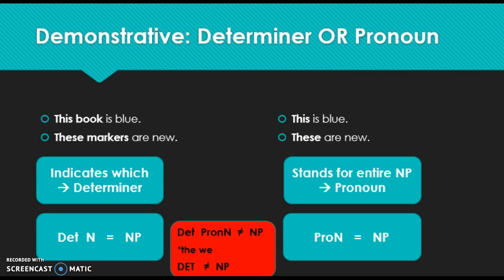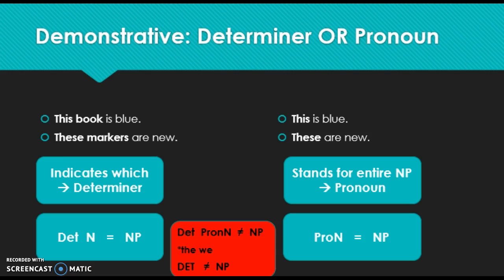As a reminder, this is not a rule that we have talked about, but determiners and pronouns are not inside of a noun phrase together. So we wouldn't say the we, or it would be kind of odd to use something like my she, right? We wouldn't put a determiner and pronoun together in a single noun phrase.